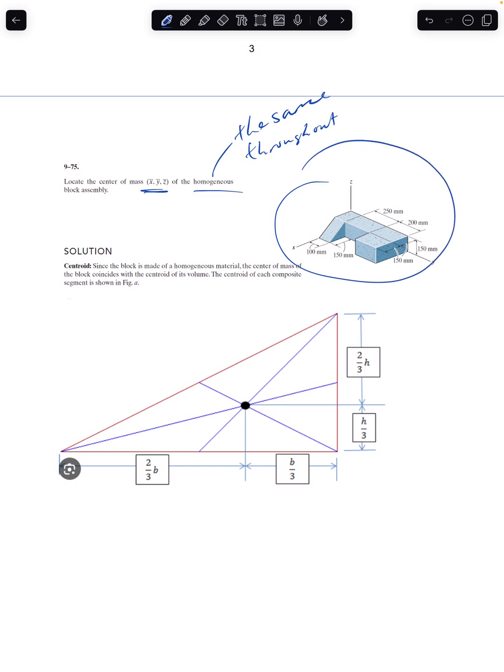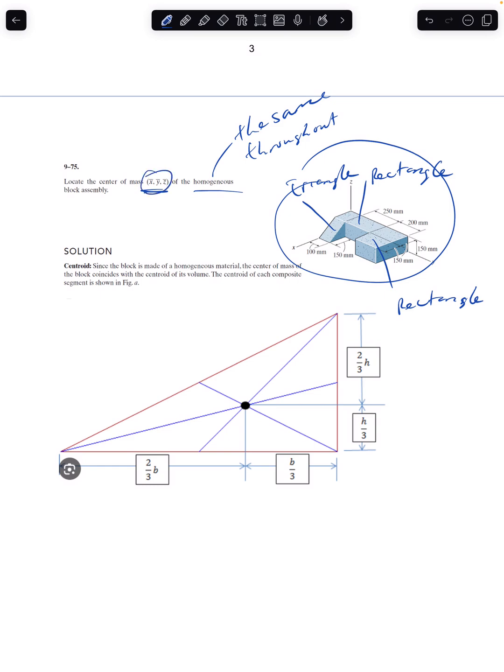So this is made up of different sizes, different shapes. You could see this is a rectangle, this is a triangle, and this is a rectangle. So homogeneous means the material is the same throughout. And therefore we have to locate the center of gravity for x bar, y bar, and z bar.